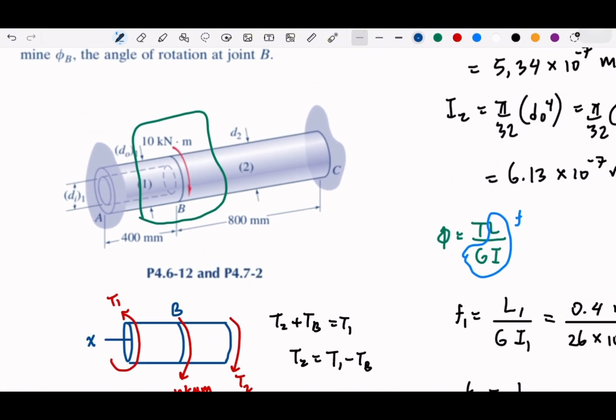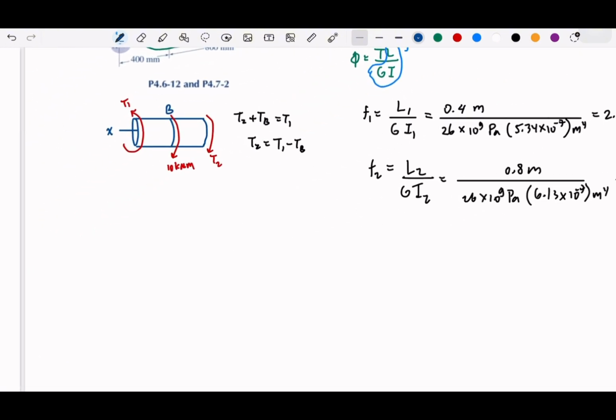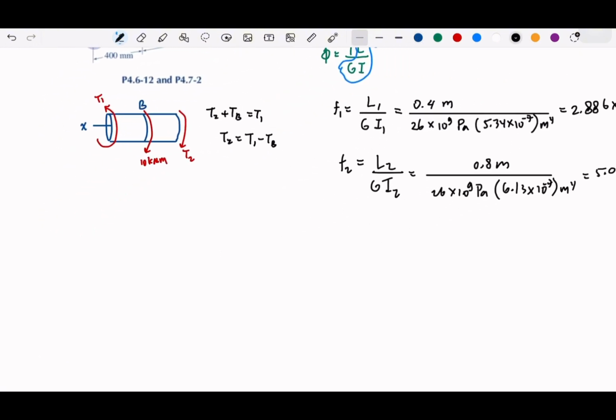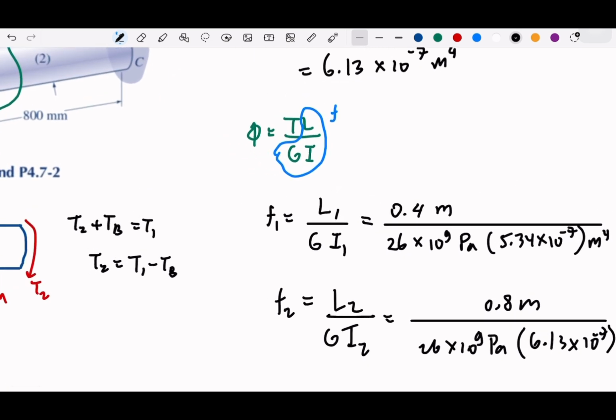So the twist angle between element 1 and element 2, they both need to be equal to 0, because it's attached to the wall. So these assumptions make us, we can write that 0 is F1 T1 plus F2 T2 equals 0. Again, this is the same F with this twist angle.